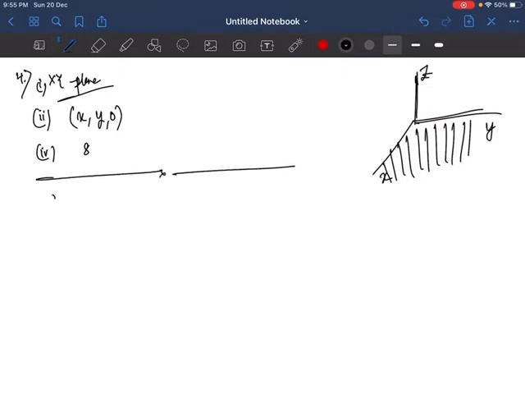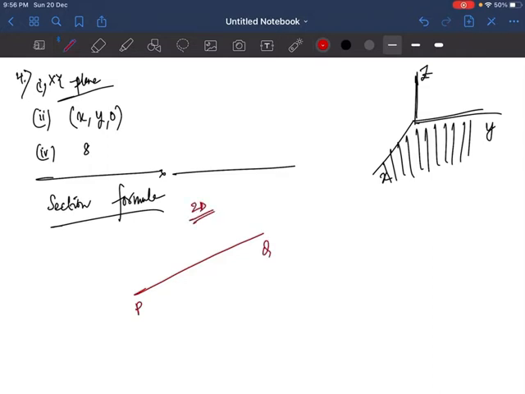So we have the section formula. We have already studied this in class 10. What was basically the section formula? We have 2 points, suppose P and Q. I'm just doing the 2D diagram. If I have 2 points, one is x1, y1 and the other is x2, y2.